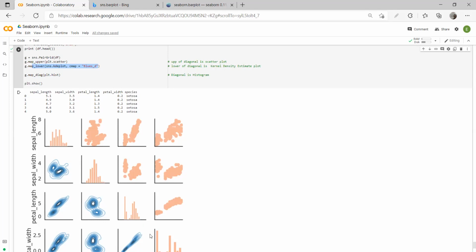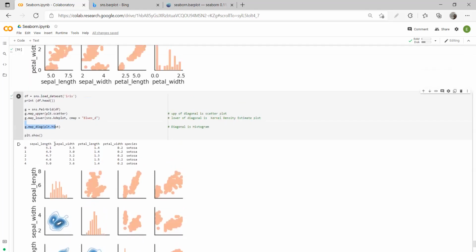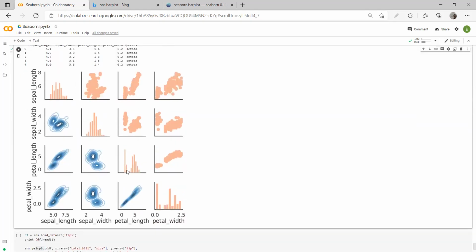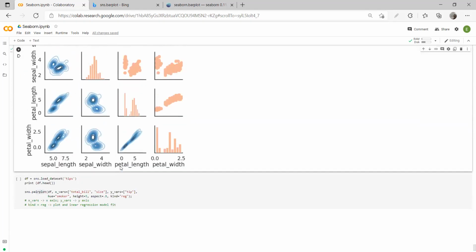It's just how you like it, and whether the next person likes what you present or not, right? So you said that lower you want a KDE plot, upper side you want a scatter plot, and the diagonal elements you wanted a histogram, right? And of course you are showing the iris flower data. So you can play with all these things, right?